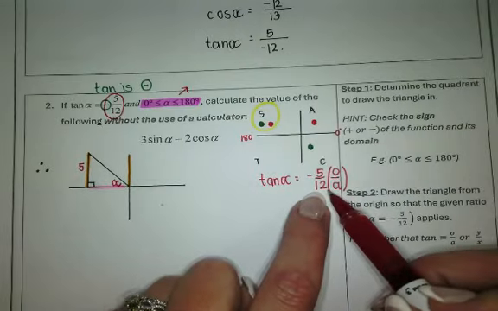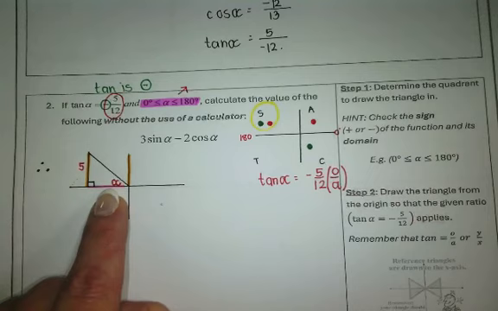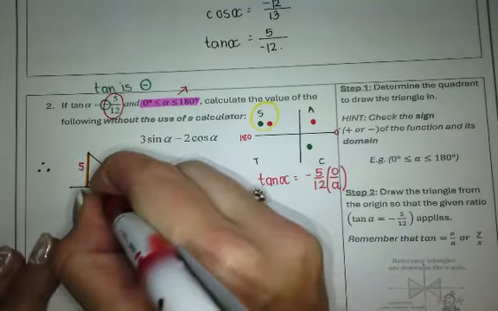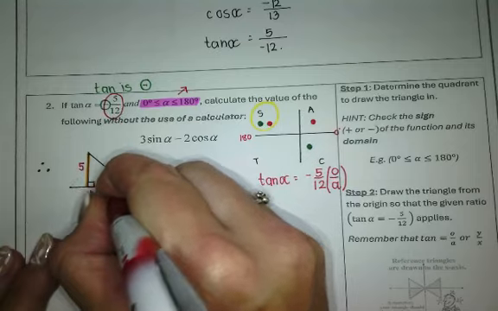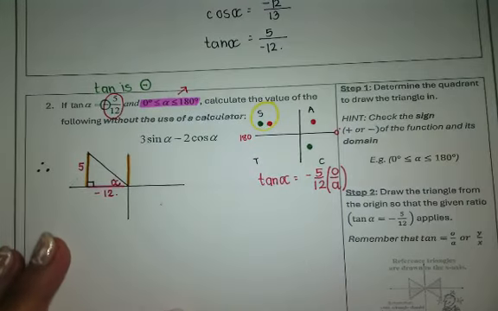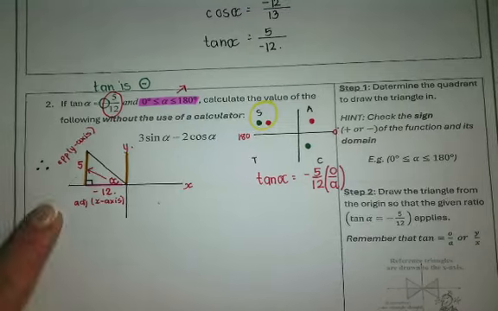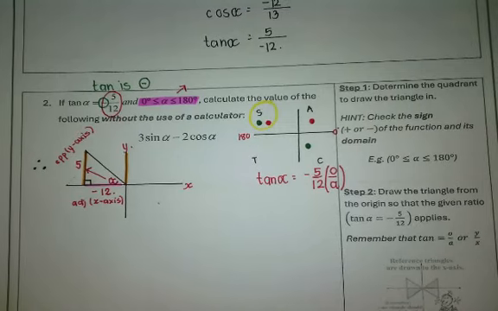Opposite 5 can't be negative 5, it needs to be positive 5 because it lies on the positive side of y. My adjacent side is 12. Adjacent is your x-axis, but this is the negative side of your x-axis, so this must be negative 12. Are you with me? Yes, ma'am.